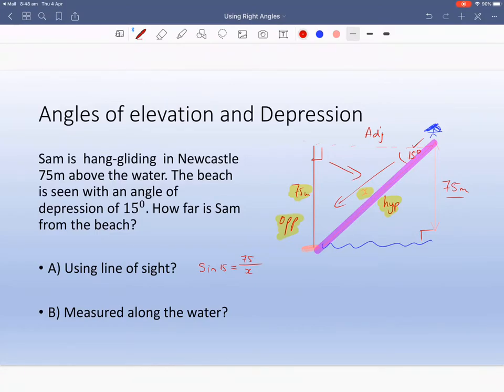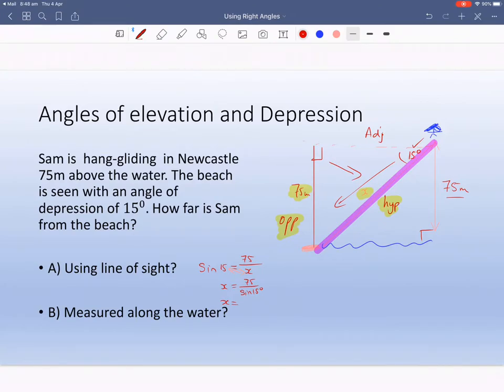So when you've got the pronumeral at the bottom, all we do is we swap these two around. So I'm going to get x equals 75 over sine 15 degrees, and I'm going to pop that in my calculator. So I'm popping it in now, 75 over sine 15, and I'm popping it as is, okay?